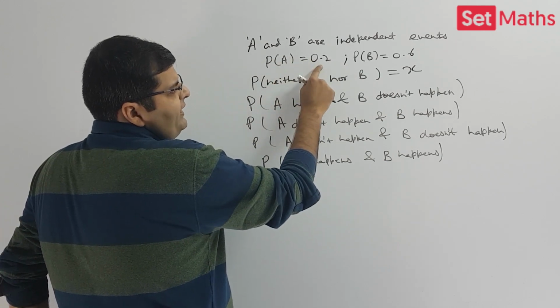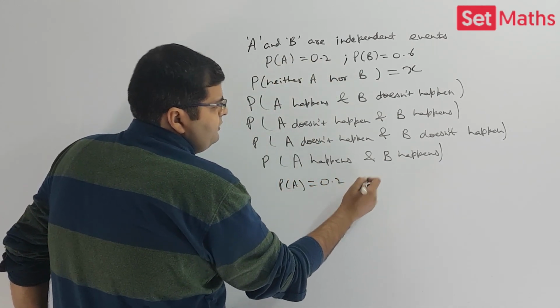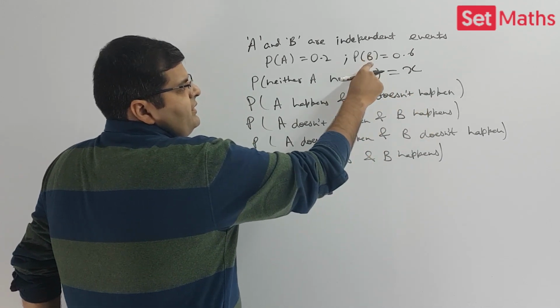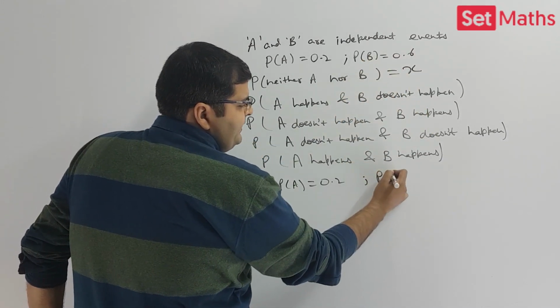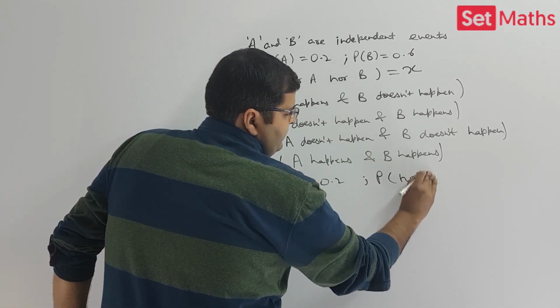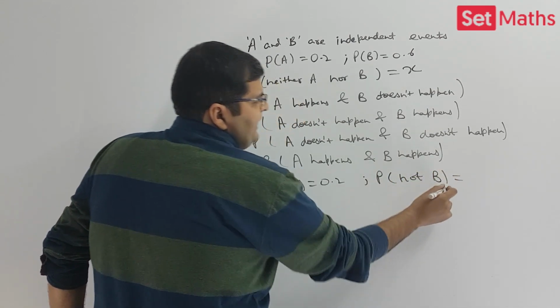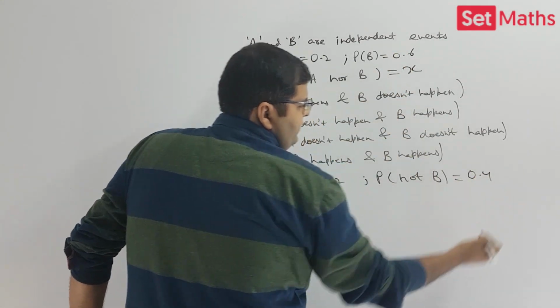So probability of A is 0.2. B is not happening. Probability of B happening is 0.6, so probability of B not happening, that means not B, is 1 minus 0.6, so that is 0.4.